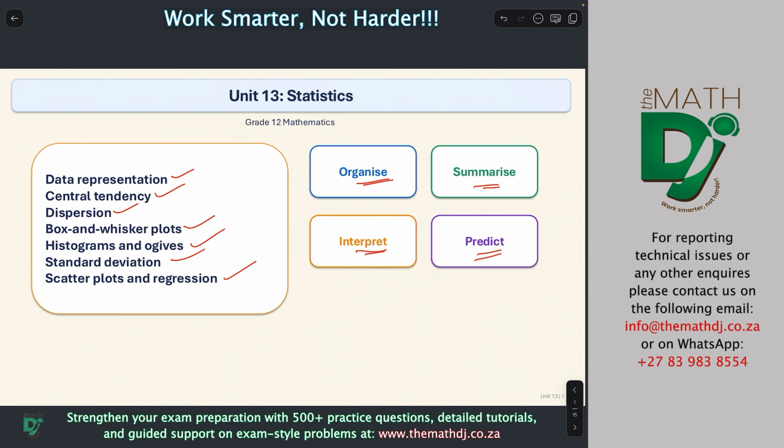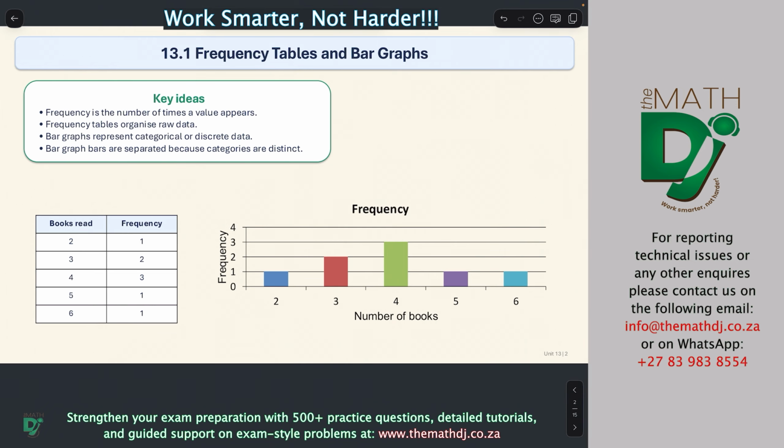So let's move on. We're going to speak about frequency tables and bar graphs. The key idea here is that frequency is the number of times a value appears. Frequency tables organize raw data. For example, this is a frequency table.